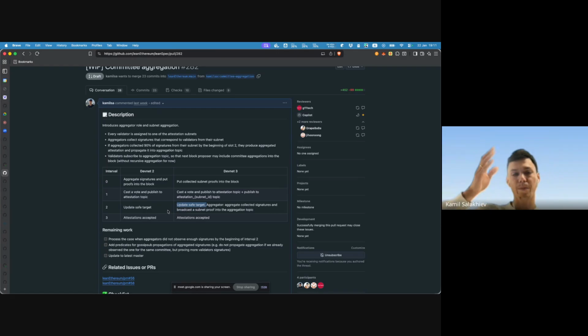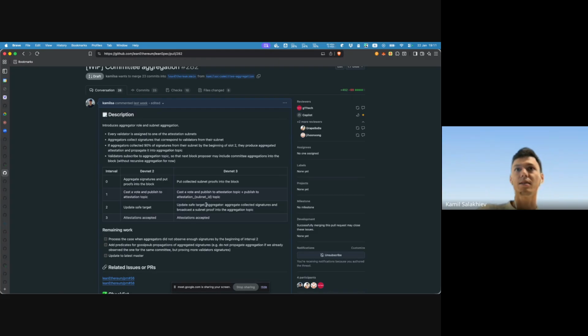If we just split validators into subnets, they only observe signatures from their subnet, and they do not collect enough signatures to update their safe target, and then 3SF consensus breaks.